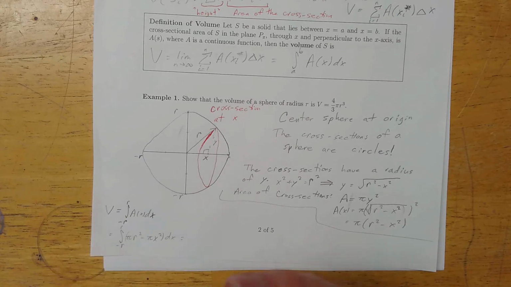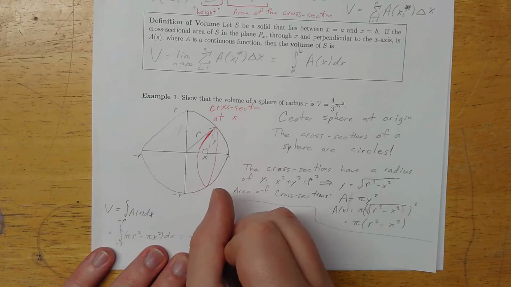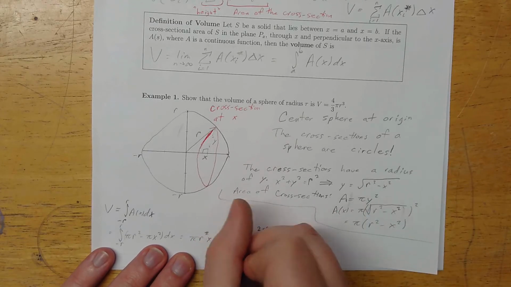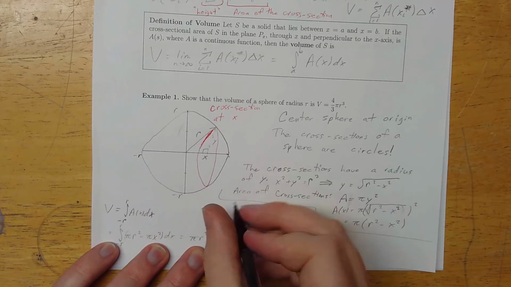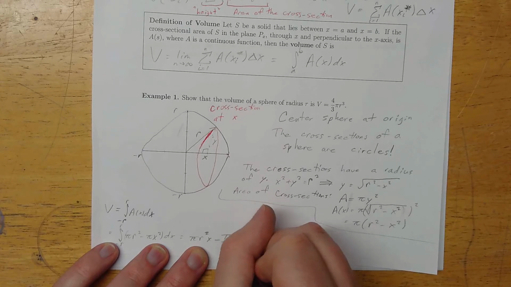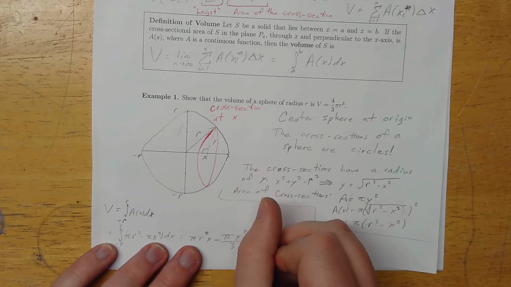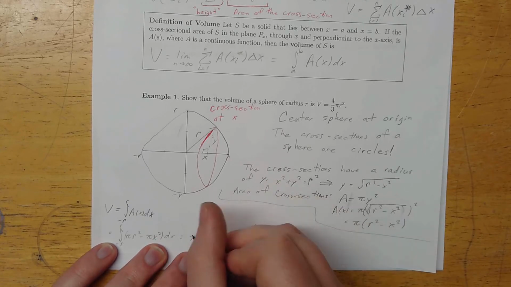Which means that when we go to take this integral, we'll end up getting pi r squared x minus pi x cubed over 3, evaluated from negative r to r.